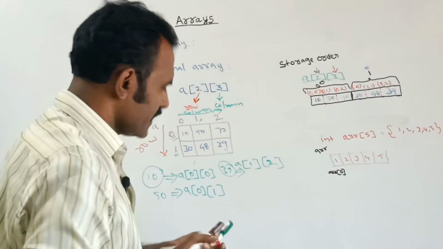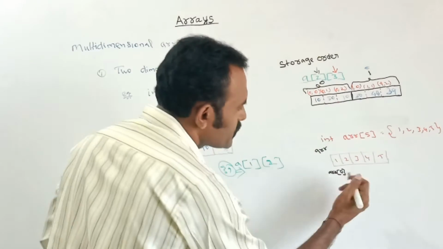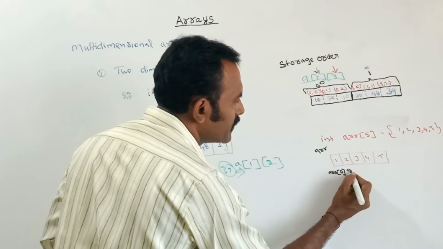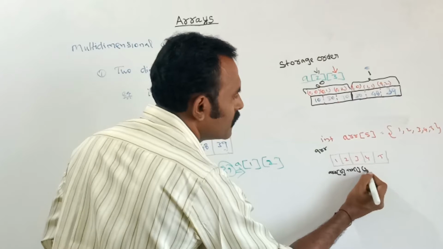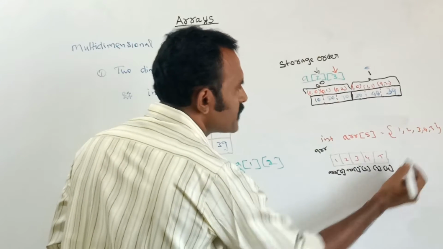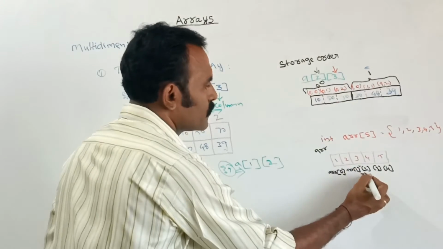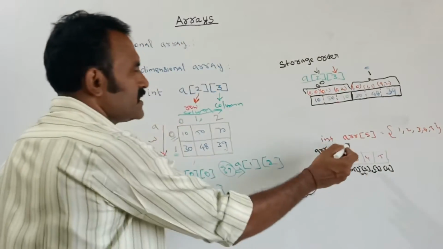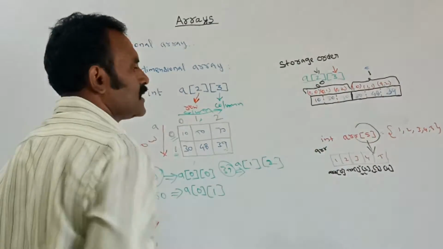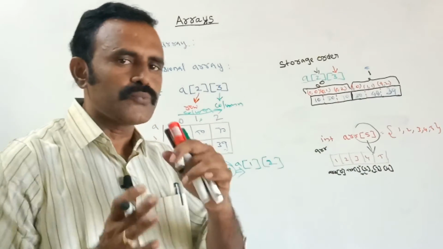See, each and every element is stored in a position: ARR of 0, ARR of 1, and so on. For each position the element value is stored. This is a single dimensional array. Here we use only one single subscript value. The subscript is nothing but the position.